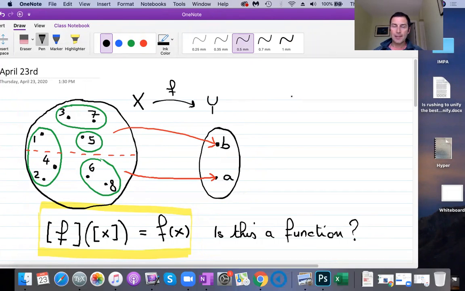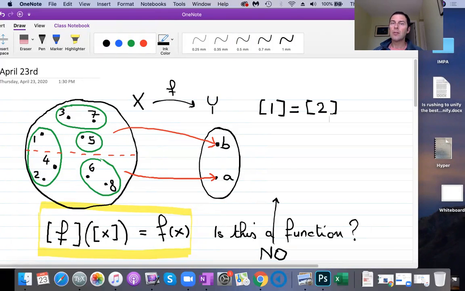I don't believe so. It doesn't, right? Why not? Because you have equivalent elements mapping to different things. Exactly, right? So the answer is no. The reason is that the equivalence class of 1 is equal to the equivalence class of 2, right?